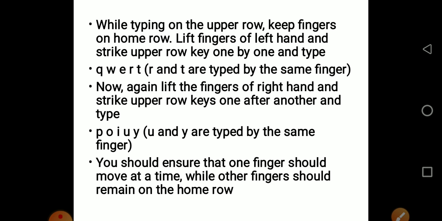For example, Q uses the little finger of the left hand, right? So when the little finger of the left hand is used for pressing Q, the remaining fingers, ring finger, middle finger and index finger, should remain on the home keys only. Only the little finger has to move over to the Q key. Understood? Remaining fingers have to be in their own position.